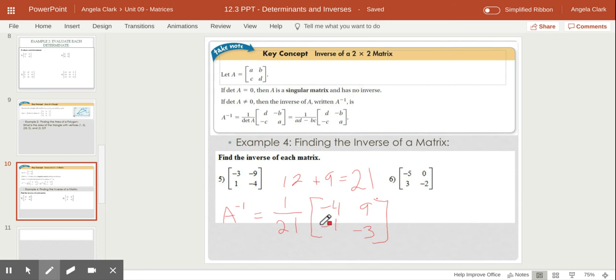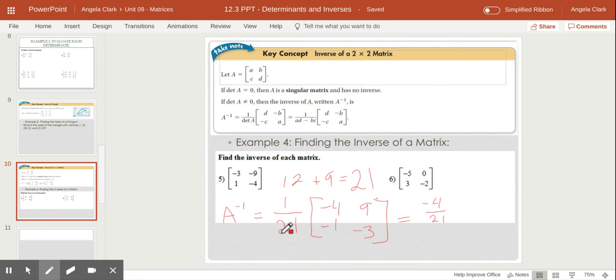So now I just need to distribute the 1 over 21. If I can simplify, I will. If I can't simplify, then I can't simplify. So negative 4 divided by 21 doesn't simplify, so that just is what it is. 9 over 21 does simplify, right? They're both divisible by 3.